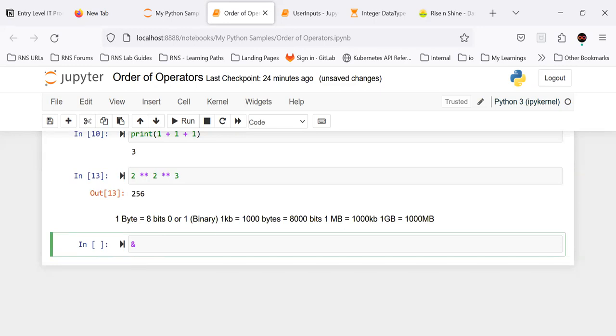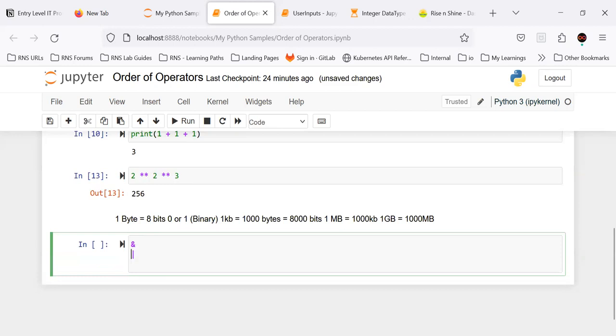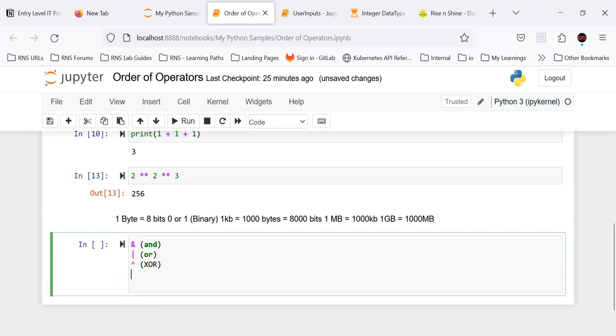Ampersand, and we have another one, the pipe symbol, which we call OR. And the next operator, caret, we call exclusive OR, XOR. And another notation, that is not.